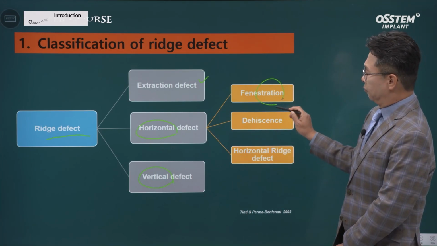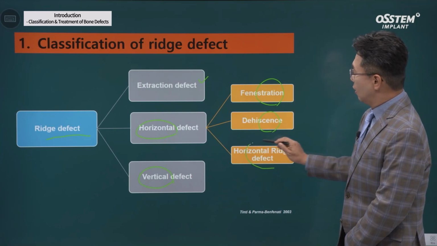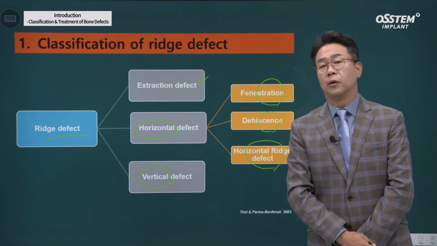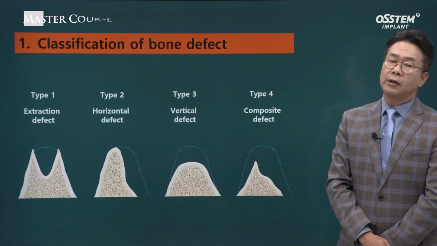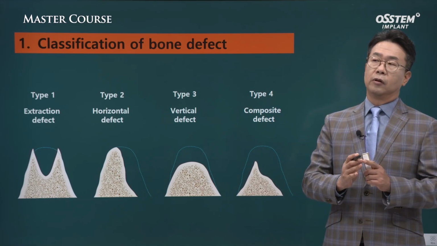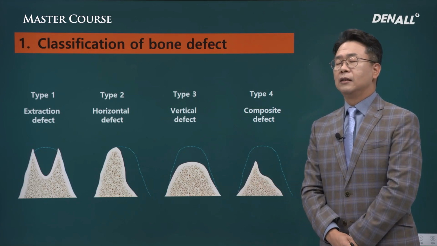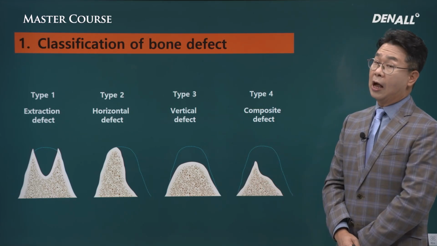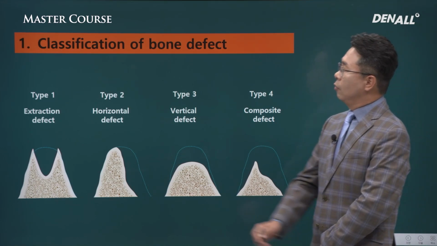Within a horizontal bone defect, it can be divided into fenestration, dehiscence, and horizontal ridge defect. In Osstem, different classifications have been reviewed, and a new classification dividing into type 1, 2, 3, and 4 has been devised.